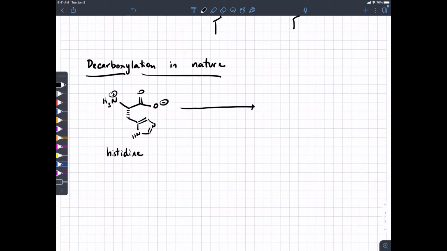There's an enzyme called, unsurprisingly, a decarboxylase. That's just the general enzyme family. And there's a cofactor called PLP. That stands for pyridoxal phosphate. We have seen that before, and I will draw it for you again in a little bit.